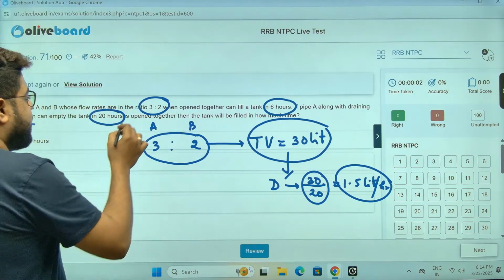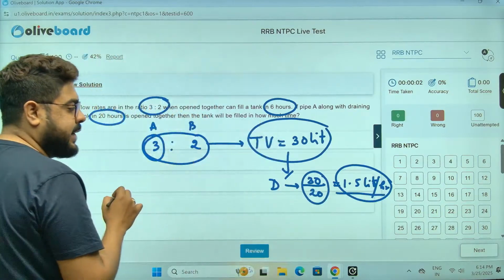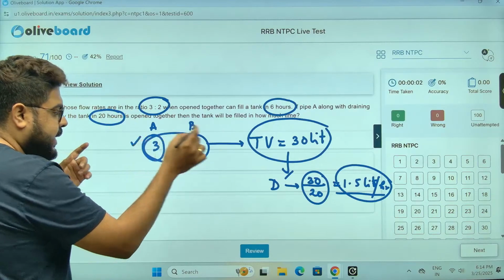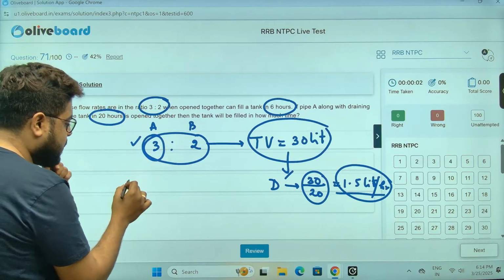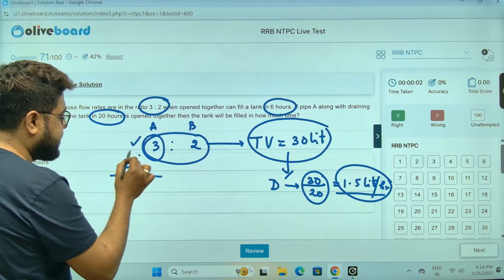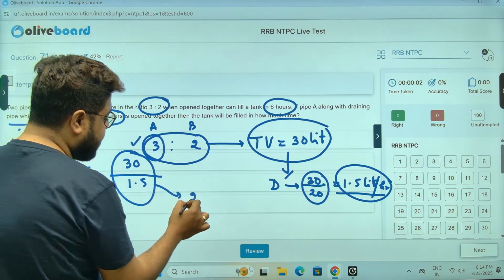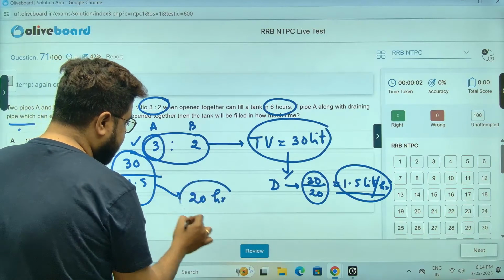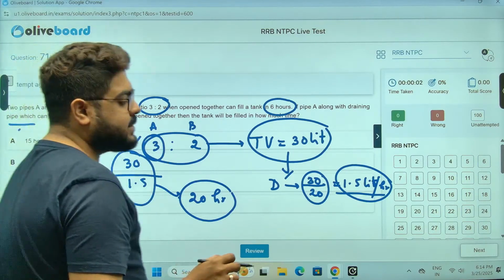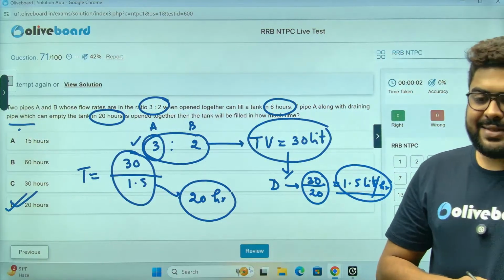A is filling 3 liters, the drainage pipe is emptying 1.5 liters. So the net efficiency is 1.5. They have to fill total 30 liters. Time will be again 20 hours, because 15 twos are 30. Option D is your correct answer. Option D most definitely is your correct answer, sir.